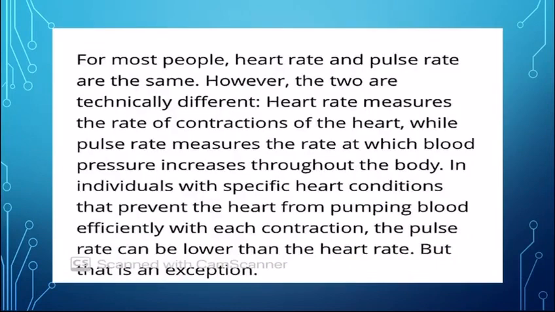Usually the heart rate and the pulse rate are the same for most people, but the two rates are technically different. Heart rate measures the rate of contraction of the heart, while pulse rate measures the rate at which blood pressure increases throughout the body. So in some people with specific heart conditions, the pulse rate can be lower than the heart rate.